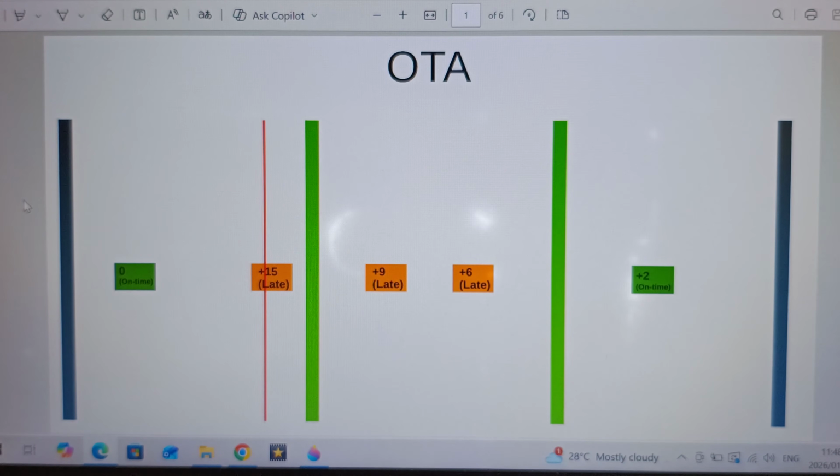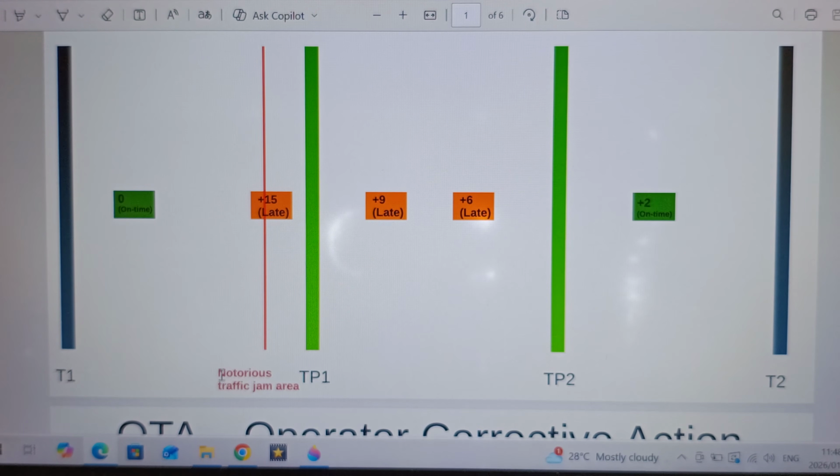So the first example with OTA is that let's say you have a notorious traffic jam area, let's say it's Orchard Road, and then you might be wondering, what does TP1, TP2 mean? Okay, so these mean time point 1, time point 2. In the Singapore context, they usually refer to it as a point stop, whereby whether you're an EWT or an OTA bus service, these are the stops that have higher importance.